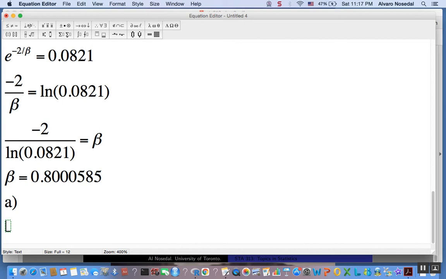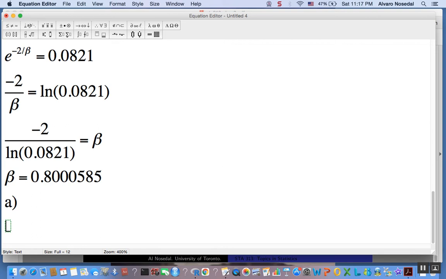So if that's the case, we already have the answer: the expected value for an exponential with parameter beta is just 0.8000585. Okay, now let's try and do it in a different way. We already know the answer, so let's see.